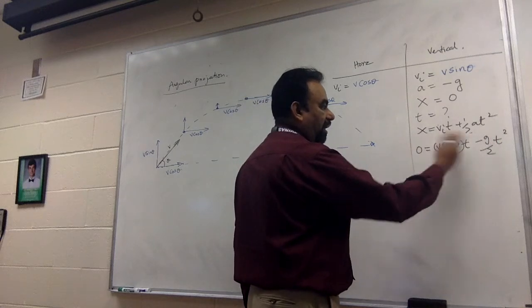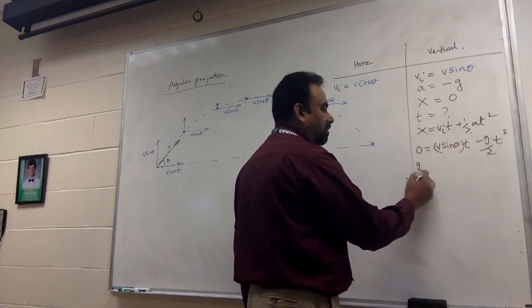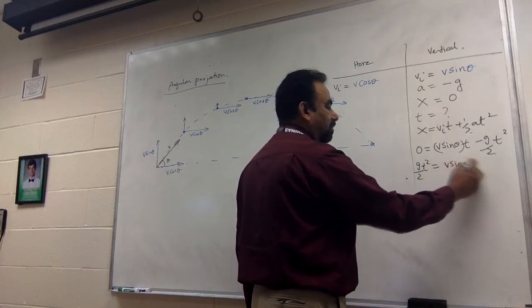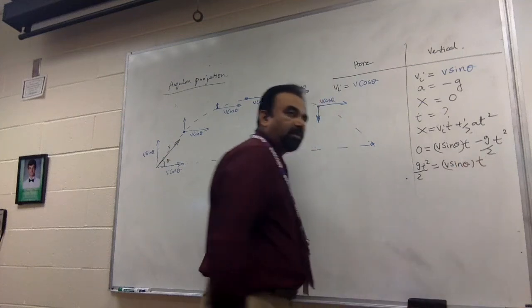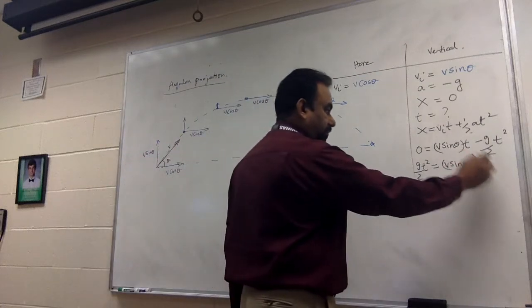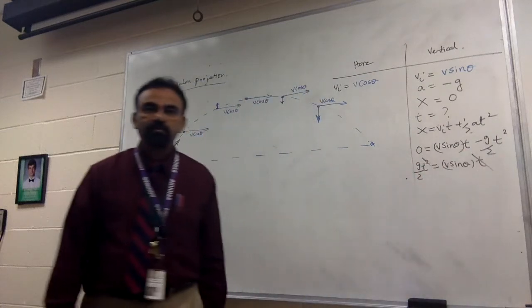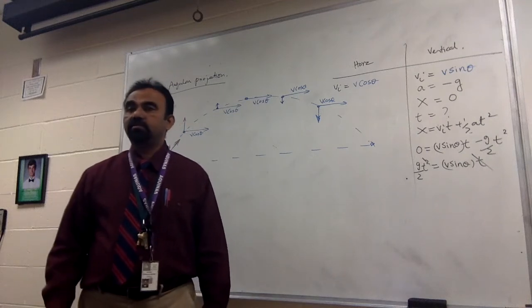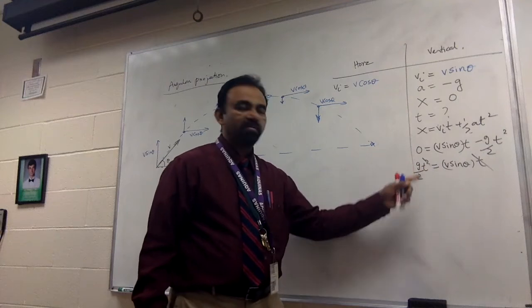Now what do you do? You add g over 2 t squared to both sides. That will be v sine theta times t. What do you do from there? Divide both sides by t. Get it? And then multiply by 2 throughout and divide by g.